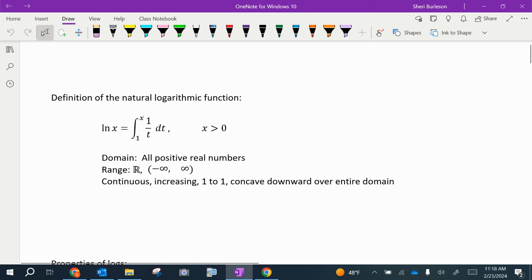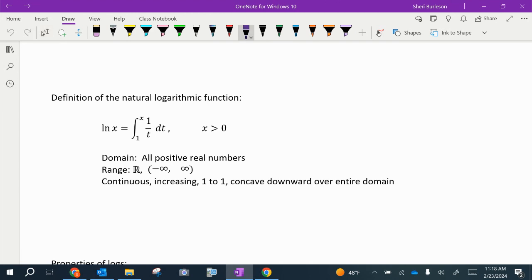So the actual definition of the natural logarithmic function is an integral from 1 to x, integrating the function 1 over t dt for positive x's, because remember the natural log is not defined at 0 or for negative numbers. You can't take that.